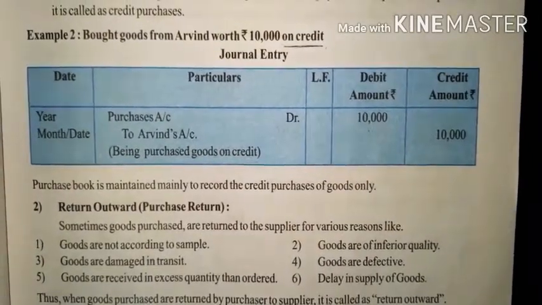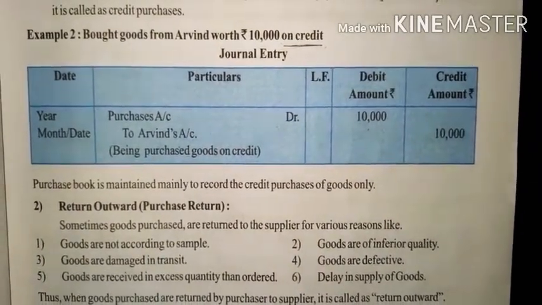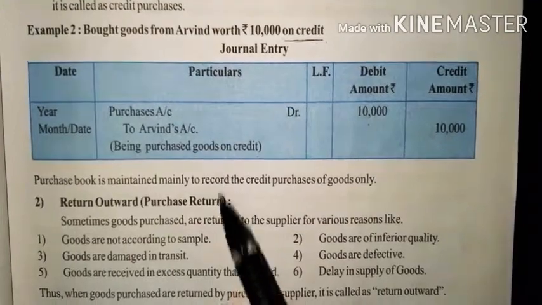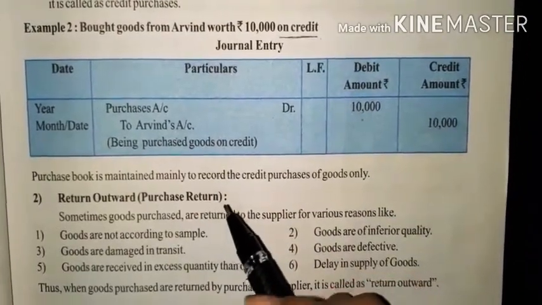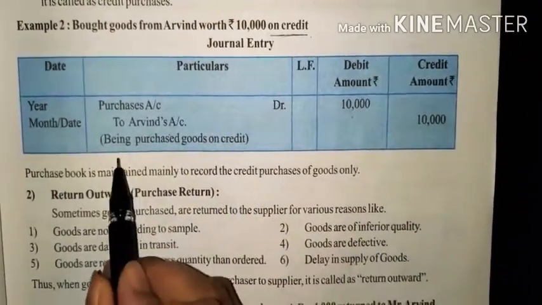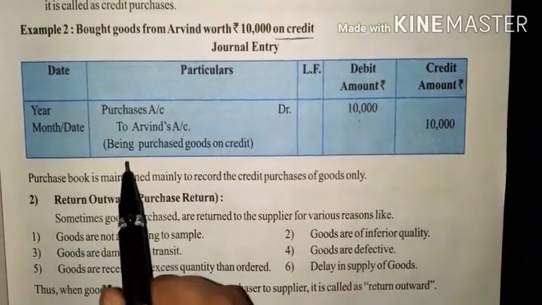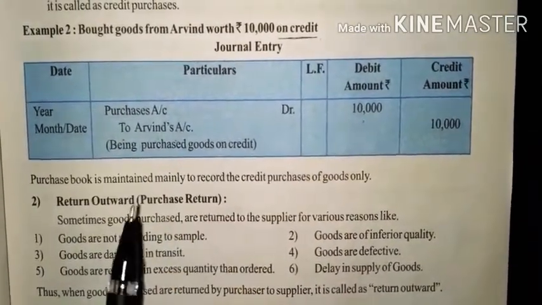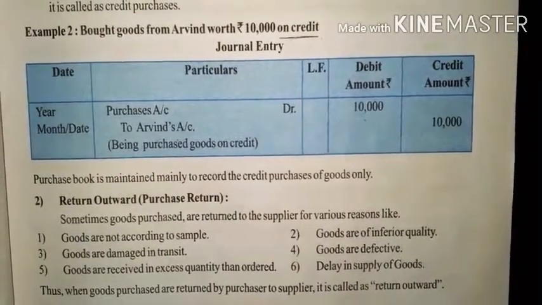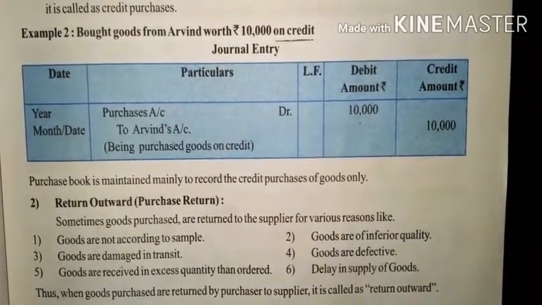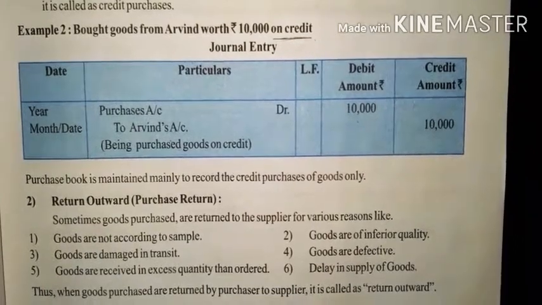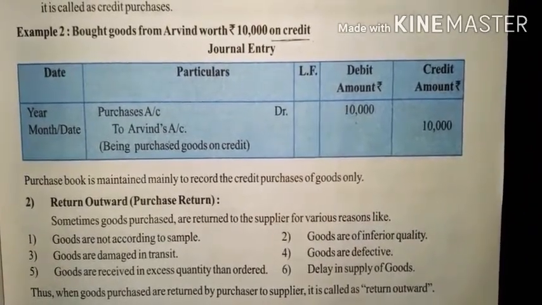So it is very important for you to write down the transaction fully. If you have purchased goods on credit, being purchased goods on credit. If you have purchased goods on cash, being purchased goods on cash. This is how you have to write the narration after every posting of the transaction.